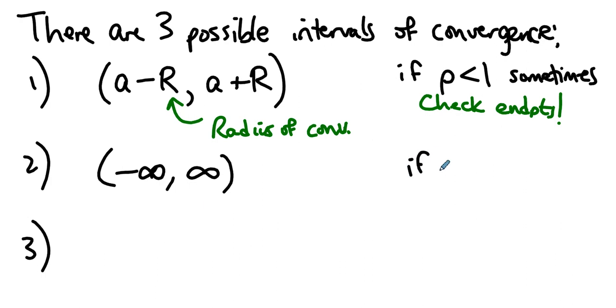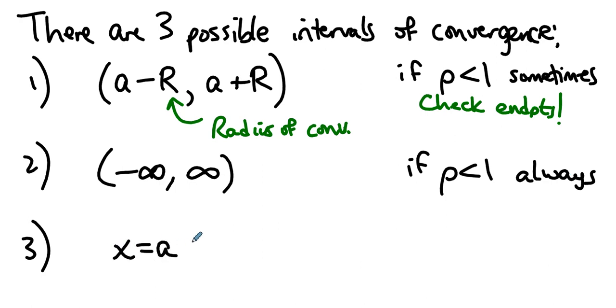This happens if rho is less than 1 always. And then the third possibility is that the only place where there is convergence is at x equals a. And this happens if rho is greater than 1 for all x.